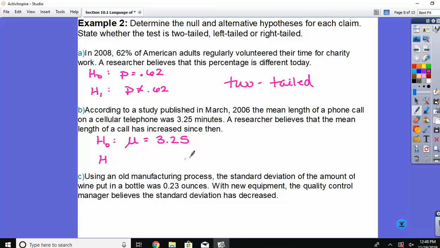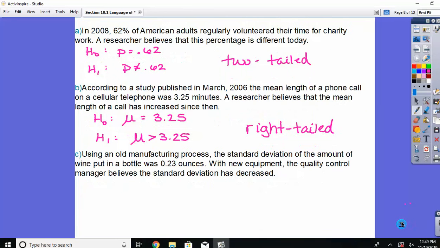The alternative hypothesis, the researcher believes that the mean has increased, so mu is greater than 3.25. Okay, so is this left, right, or two-tailed? Greater than means to the right, so this is right tail. Like the little guy's pointing to which side.